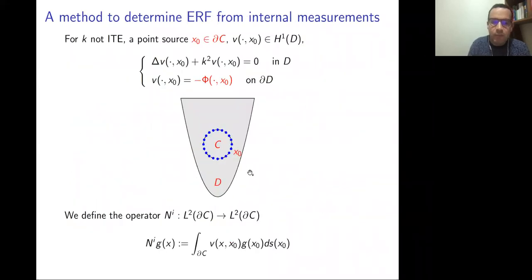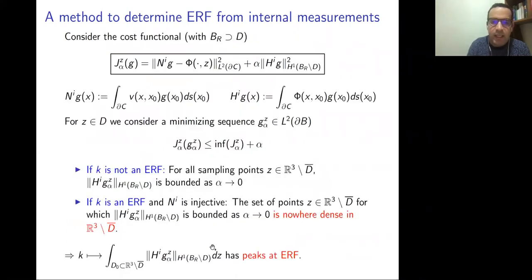For the numerics, you forget about D, and you just take some measurement operator inside. You solve for a bunch of point sources in here, you build this operator, and then you can do the same as before. You take this interior measurement operator, and you penalize now with some norm. It's like H1 log.